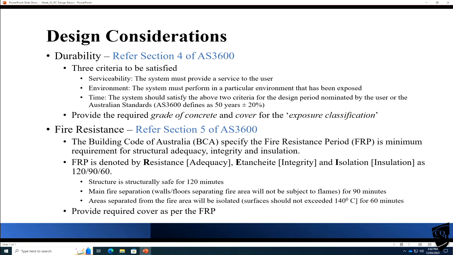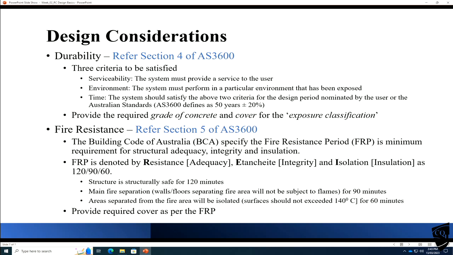The next one is fire resistance. As I told you, fire resistance is also important. In case of fire, we should have enough time for the fire brigade or anyone to react to the fire emergency.